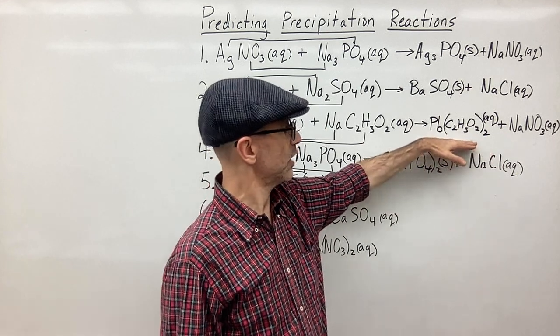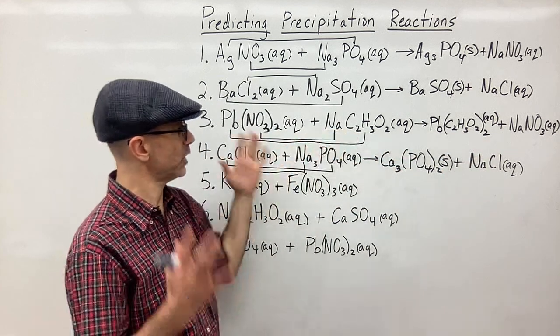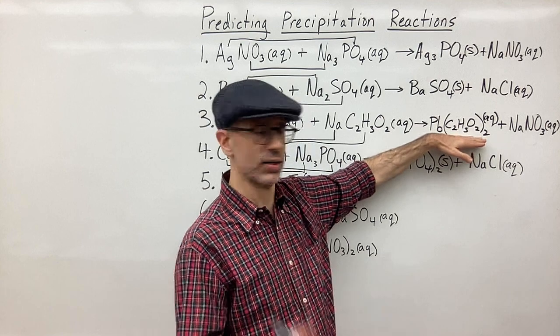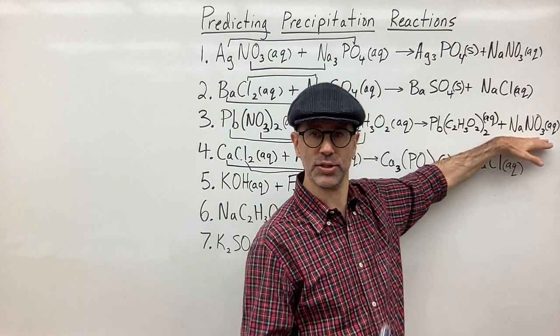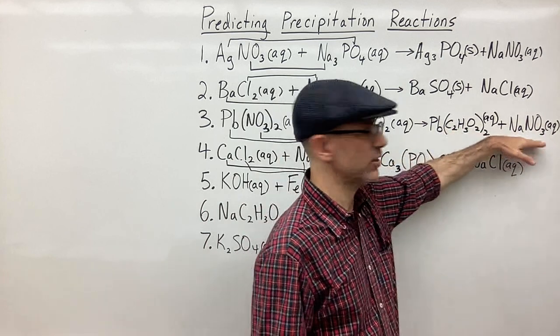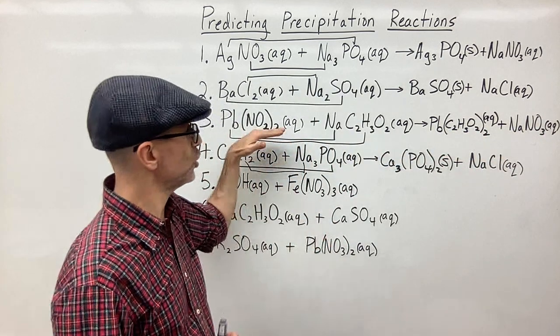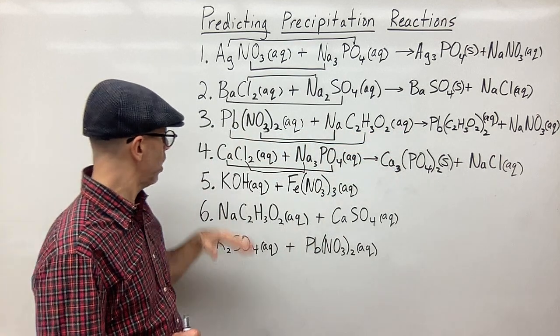It's just aqueous, meaning that on this side you have ions floating around in solution, and on this side, these ions are not together either. They're floating around in solution. These ions are not coming together to form any real product. So this would be no reaction. No reaction for that.